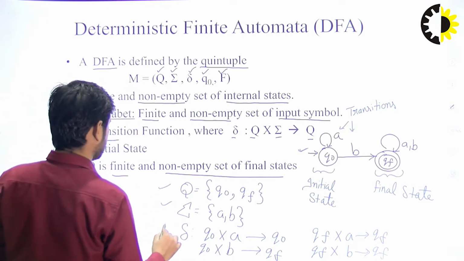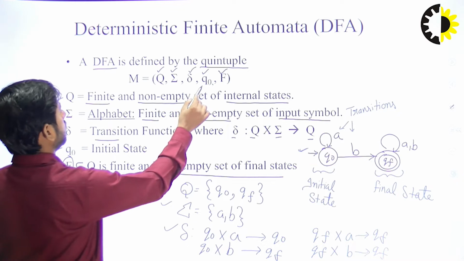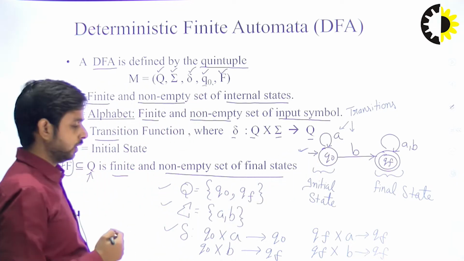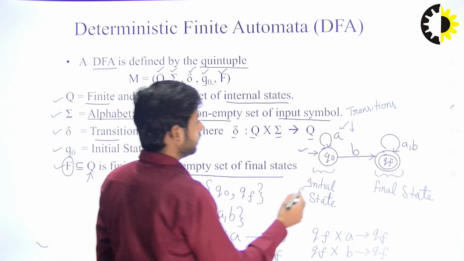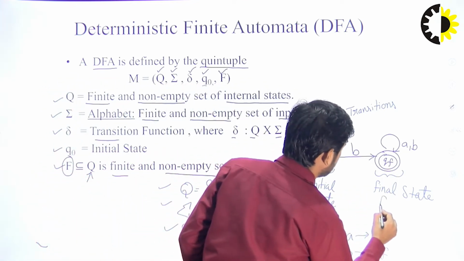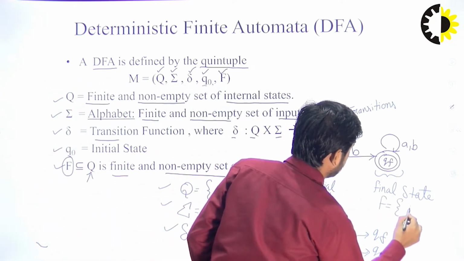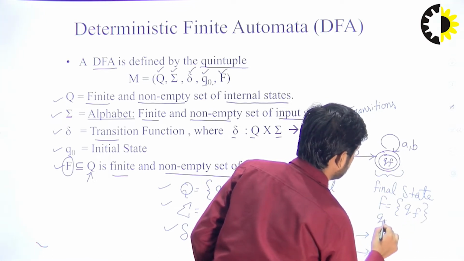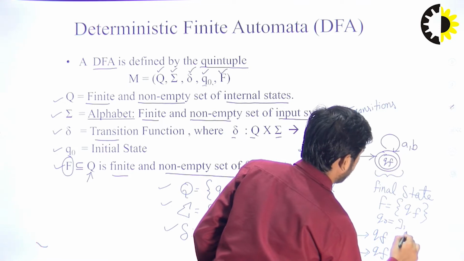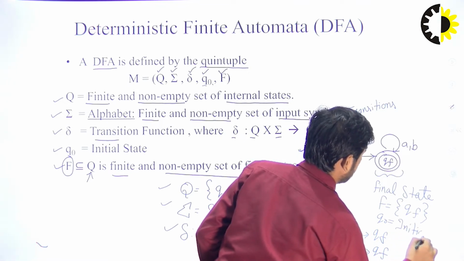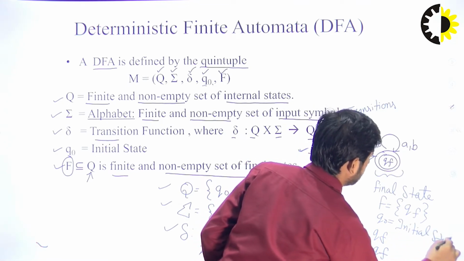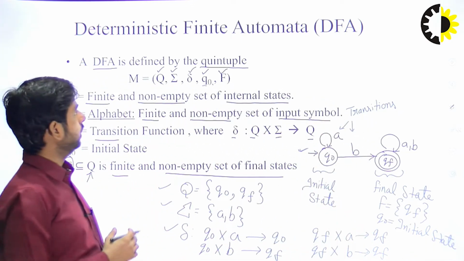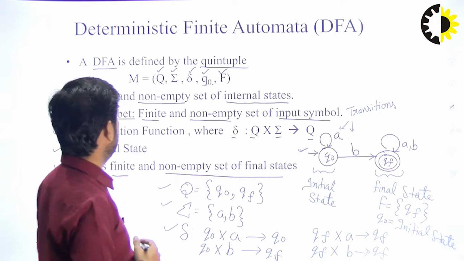So these are the transitions. Fourth one is Q node, the initial state, and F is the final state. So these are the 5 quintuple of deterministic finite automata.